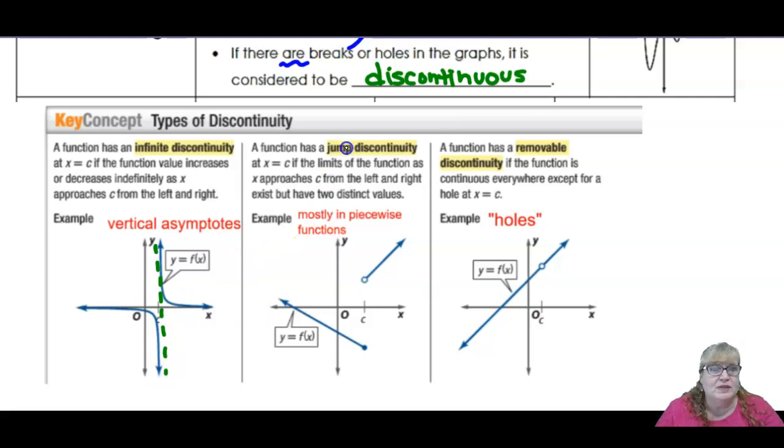It has a jump discontinuity, mostly in piecewise functions. If the value stops down here and then it jumps up here and has an open circle, or the other way around. It can also have just simply a hole in the graph. We will see a few of these in the rational function chapter. And that is called a removable discontinuity, or just a hole.